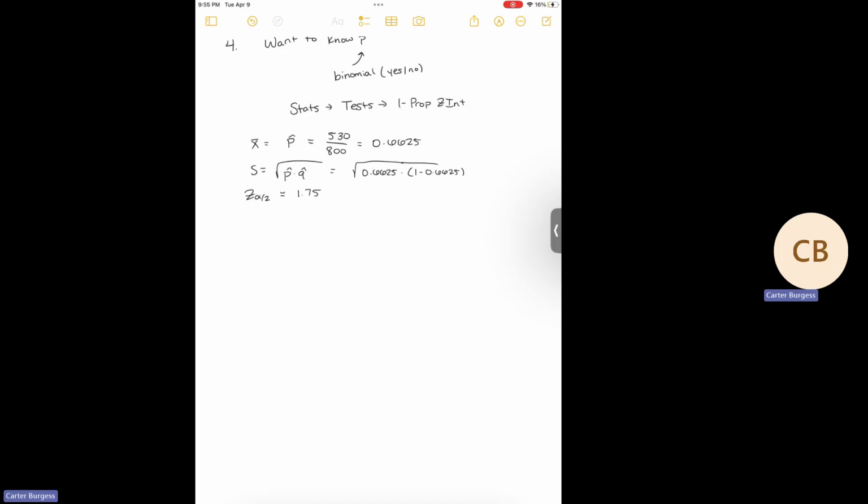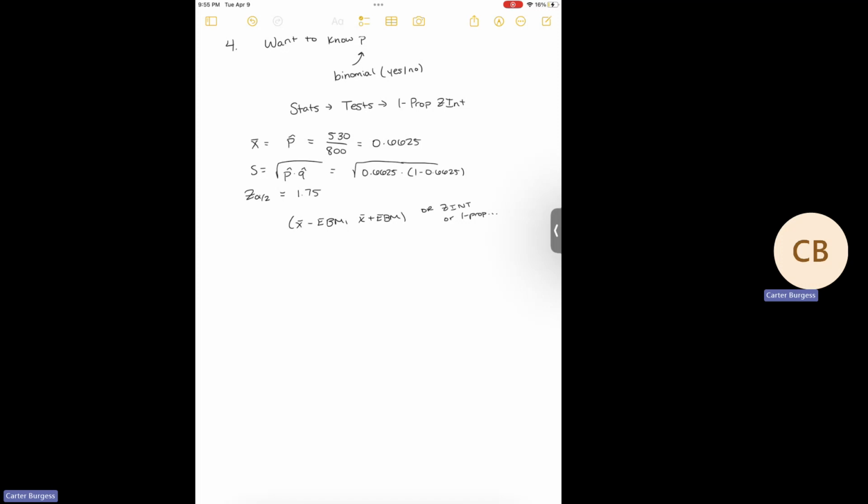And so doing the exact same thing as before, this was x bar minus the EBM to x bar plus the EBM. Or again, you could just use your z interval, or you could use your one prop, whatever. However you want to do this is totally fine.